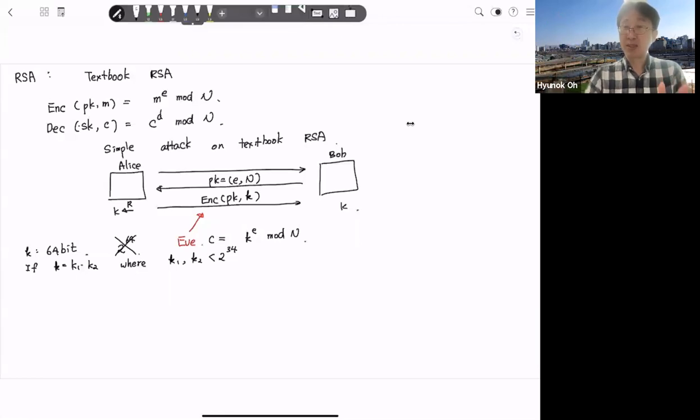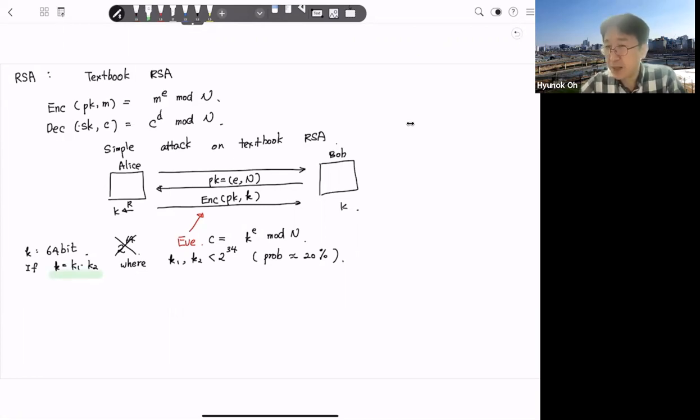We are analyzing the probability of this happening, and the probability is about 20%. So if we choose a random number, it can be divided into a product of two numbers, both less than 2 to the 34, with likelihood 20%. If you try 5 times, then once you can see this kind of K.